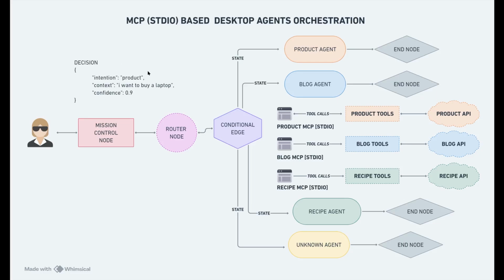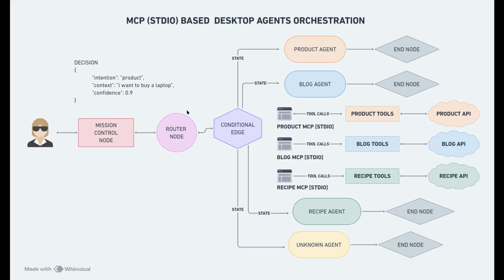And as you can see, we have product in there, just like we have product agent, blog agent, recipe agent, and unknown agent. So based on its understanding, it's going to keep changing this text here to, let's say, blog, recipe, or if it doesn't understand what this is about, it's going to put in unknown, and then it's going to pass this decision object to this router node.